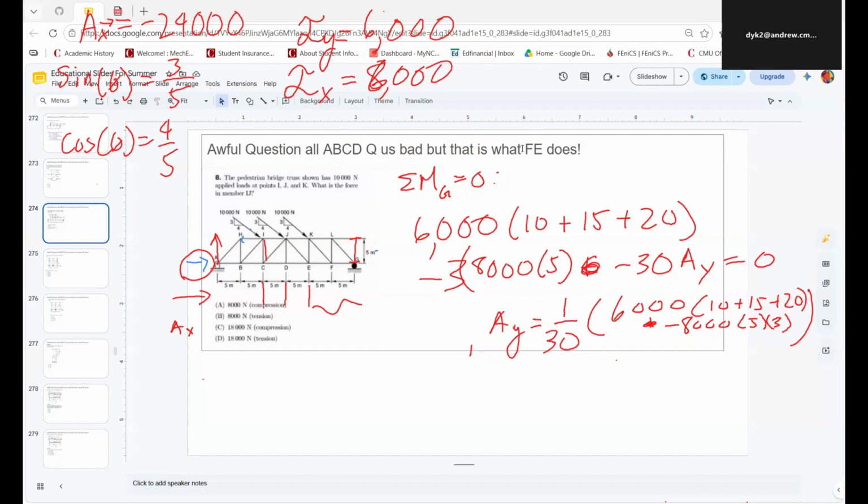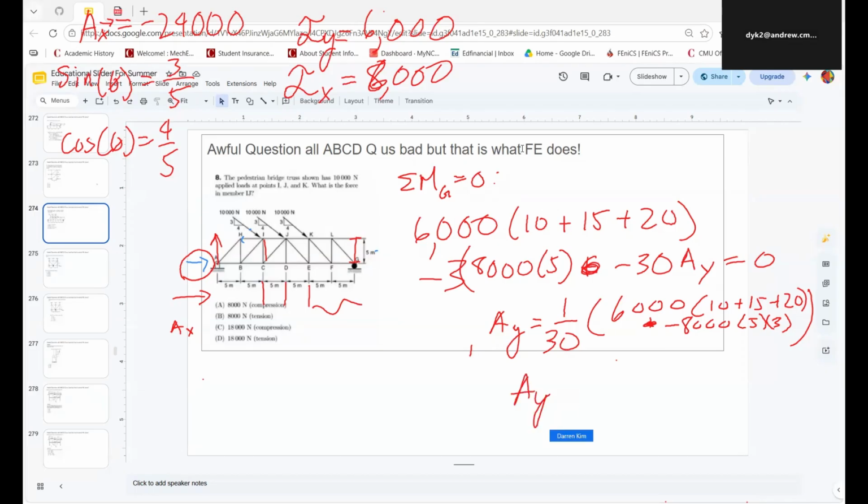So it should be 1 divided by 30. Actually, let's just do the inside first. That's going to be 6,000. 6,000 parentheses 10 plus 15 plus 20 equals this, minus 3 multiplied by 8,000 multiplied by 5 equals that, divided by 30 equals 5,000.